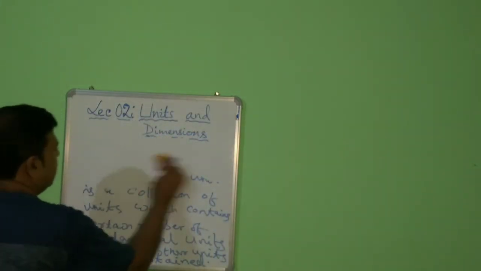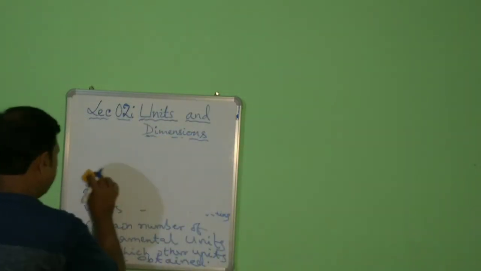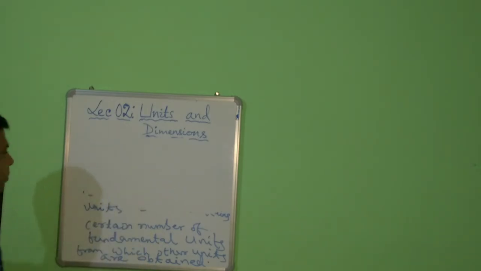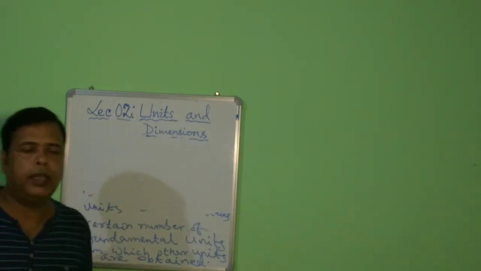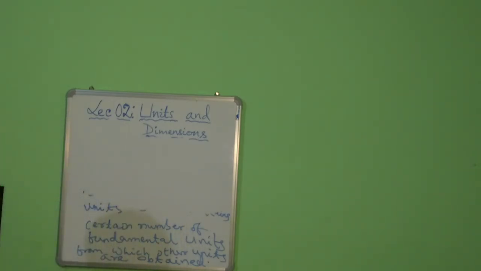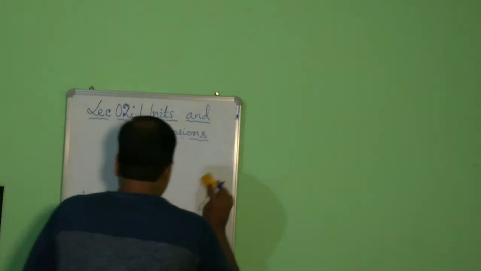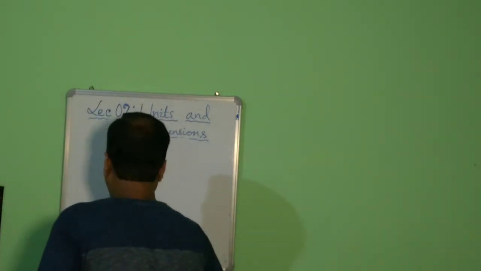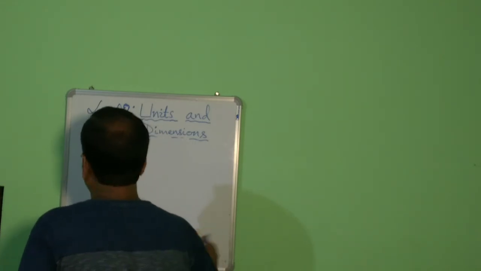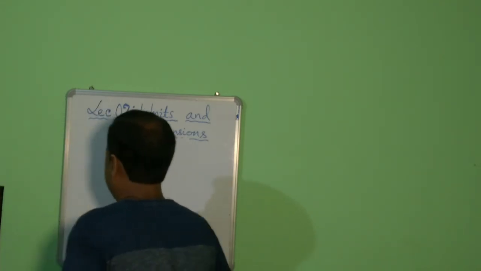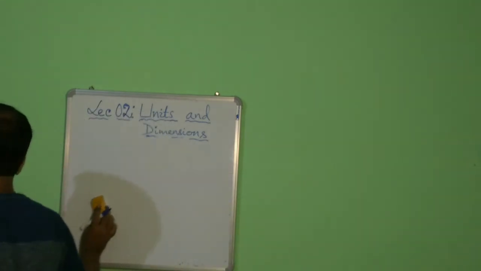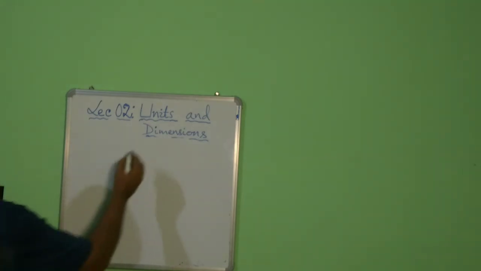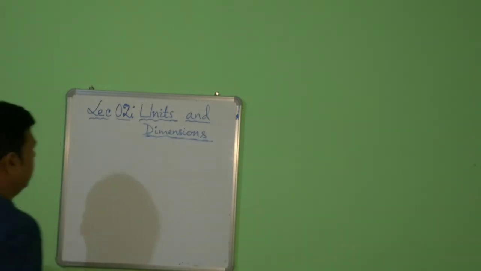As I discussed in lecture 1, physical quantities are divided into two types, fundamental and derived quantities. Similarly, the unit of a fundamental quantity is known as a fundamental unit, and the unit of a derived quantity is known as a derived unit. For various systems of units, the fundamental units are different. So what are the various systems of units existing in the world?